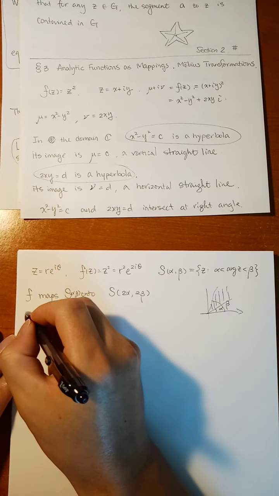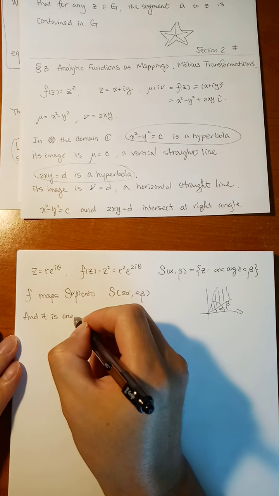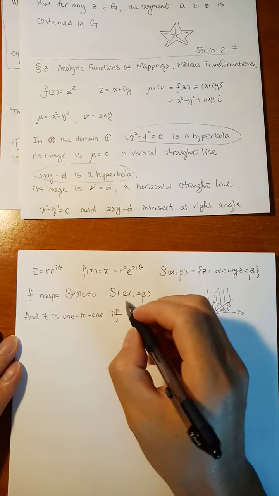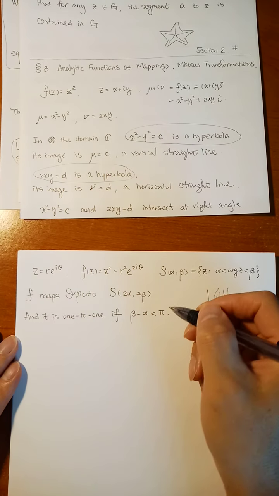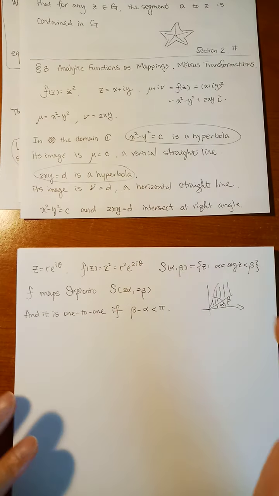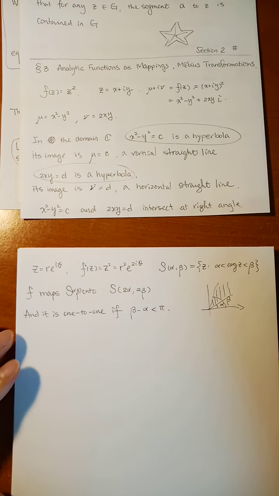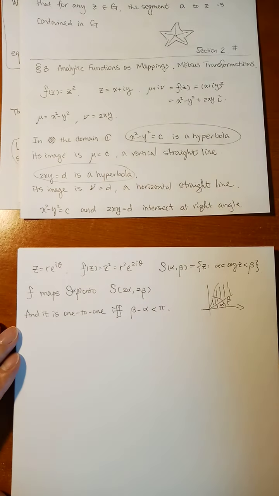And it is 1-to-1 if beta minus alpha is less than pi. You cannot get two open. If it's not open, you will get a 1-to-1. And it is 1-to-1 if and only if beta minus alpha is less than pi.